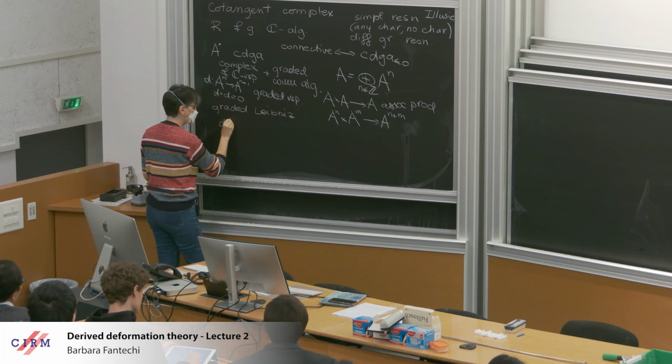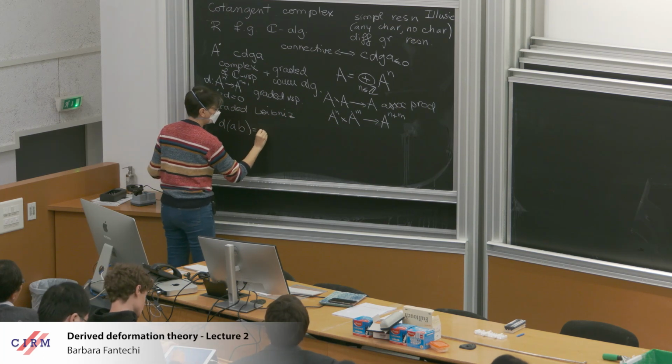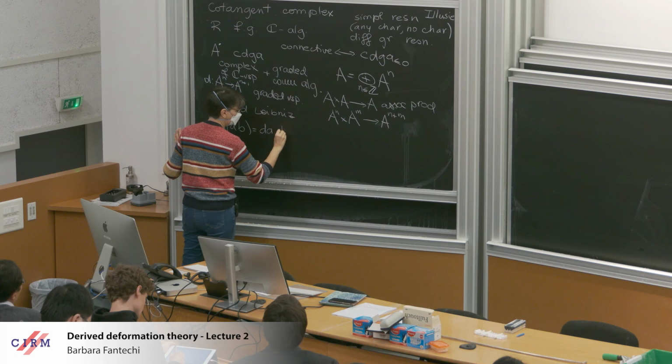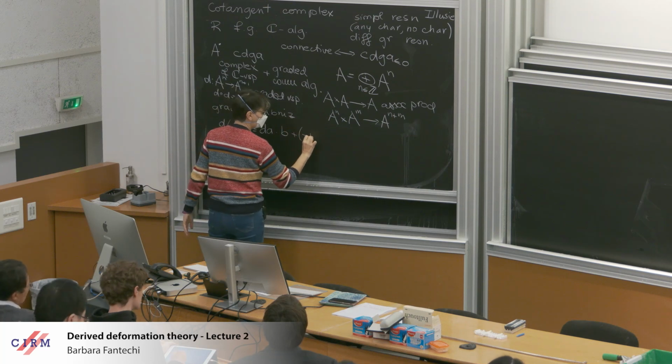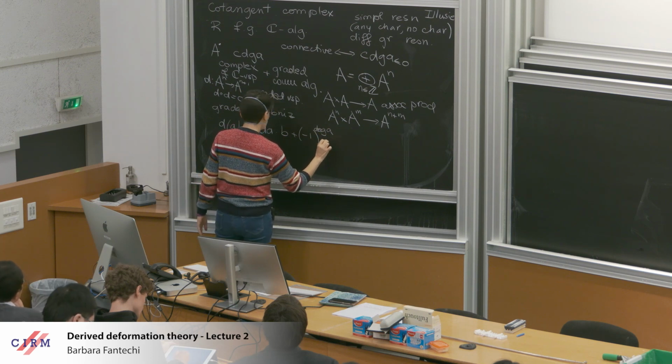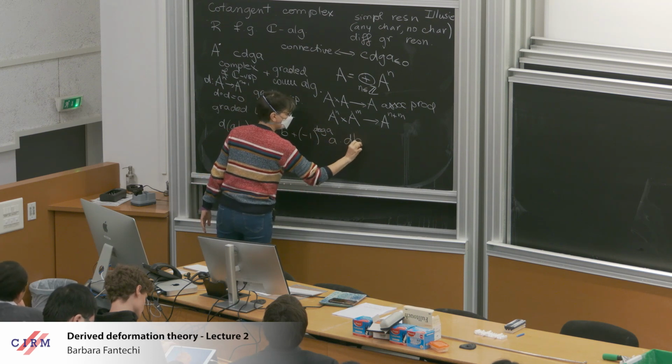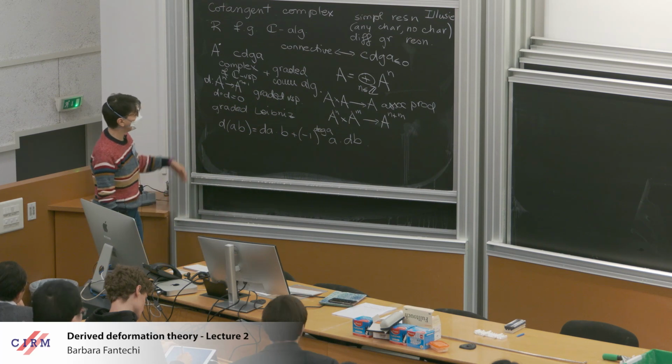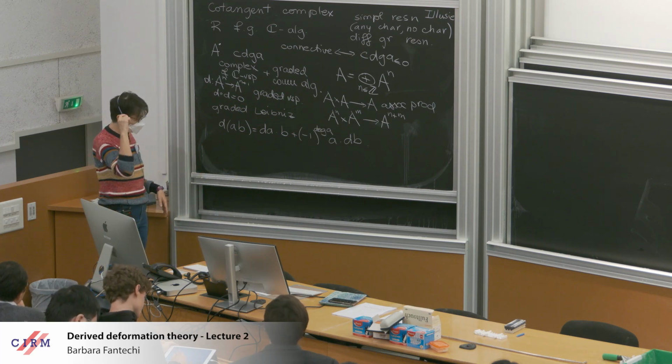And so d of AB is dA times B plus minus 1 to the degree of A times dB. And this is, of course, something we are all familiar with.